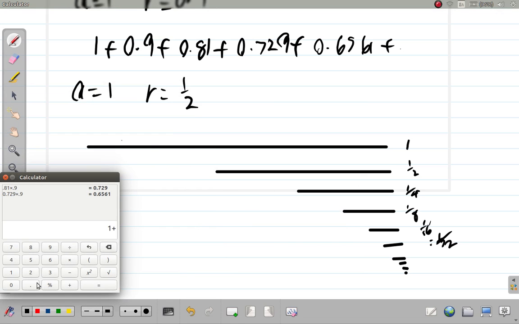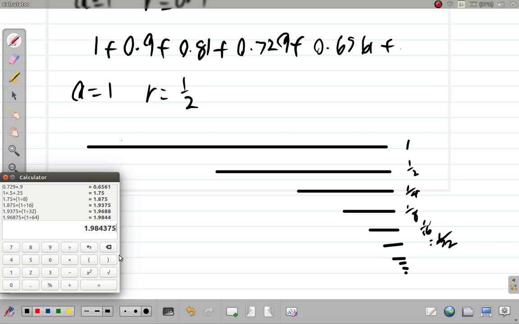You have 1 plus a half, which is 0.5, plus a quarter, which is 0.25, plus 1/8, plus 1/16, plus 1/32, plus 1/64.